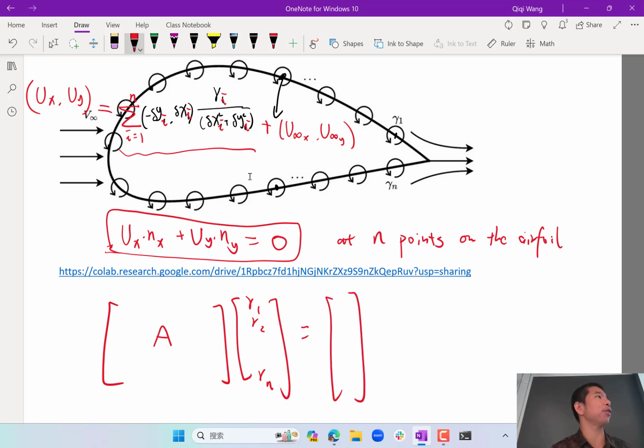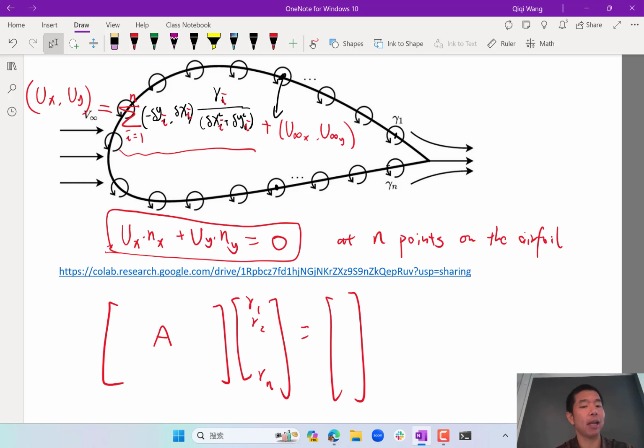This is what I'm trying to construct, a set of linear equations that allows me to solve for the gammas. Right now, I have computed the velocity assuming the set of gammas are zeros except for one being 1. So now I just need to perform linear combinations of these velocities in order to set them to 0.